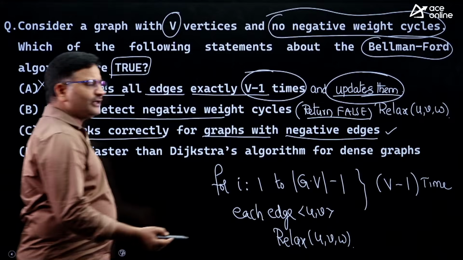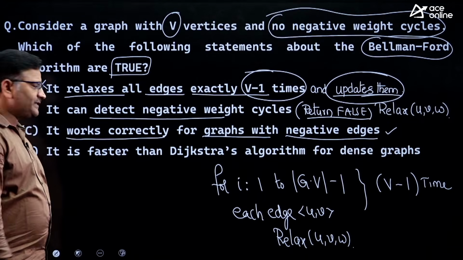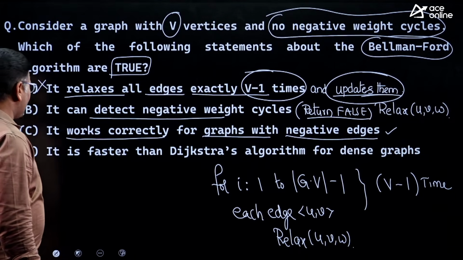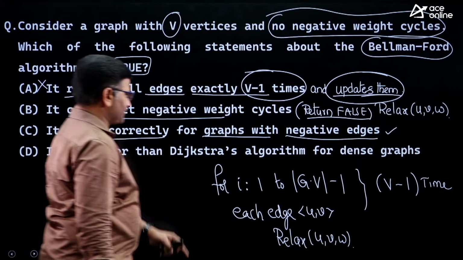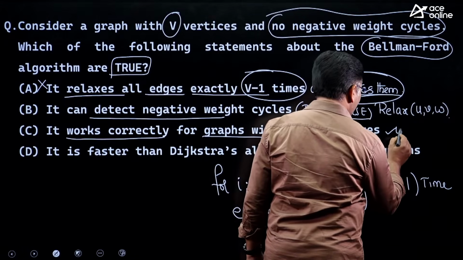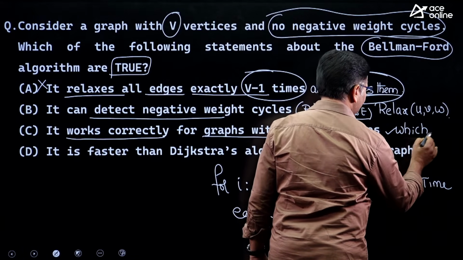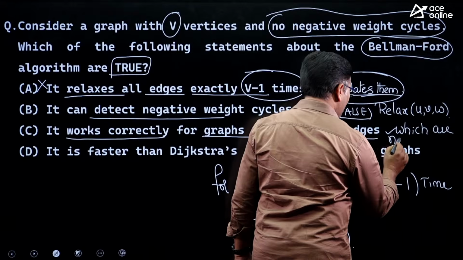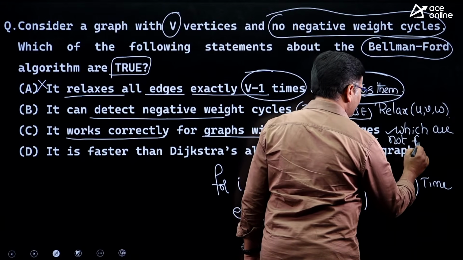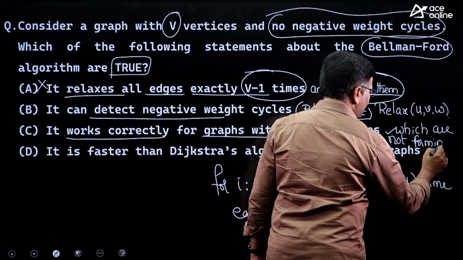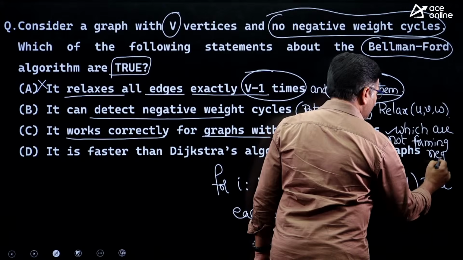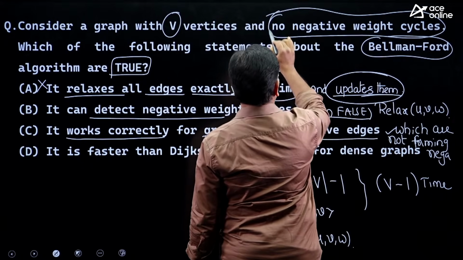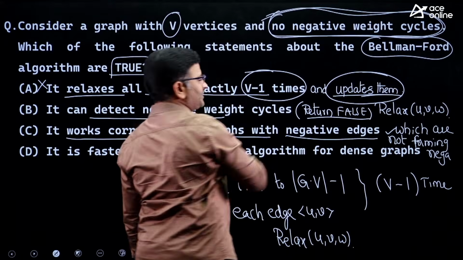Yes, negative edges, okay, no problem, without forming any negative weight cycle. It works correctly for graphs with negative edges which are not forming a negative weight cycle. Because here I already mentioned this point, friends. That is the reason I didn't mention it again in the options.